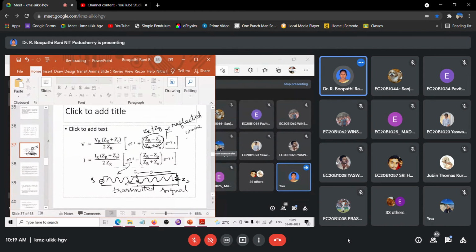So in the general solution of a transmission line itself, there are two components present: one is the transmitted signal, the other is the reflected signal. Whenever the terminating impedance, that is the load impedance or the receiving end impedance, is not equal to the characteristic impedance of the line, there will be some reflections. If the mismatch between ZR and Z0 is more, the reflection will be more. If the mismatch is less, then the reflection will be less.